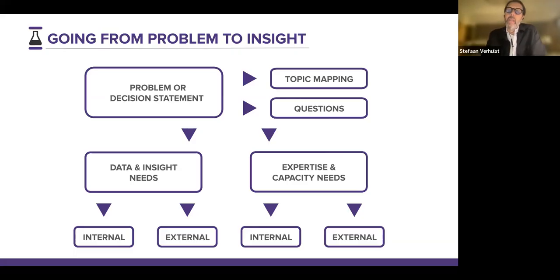All right, okay. So ultimately, if we want to use data, I think it's super important to start with the problem or with the decision that you seek to inform, not with the data that you might have access to.